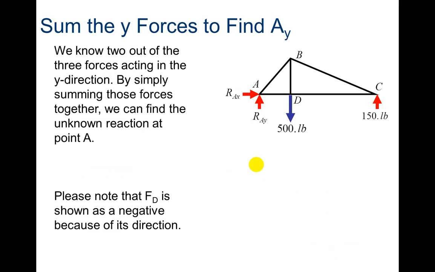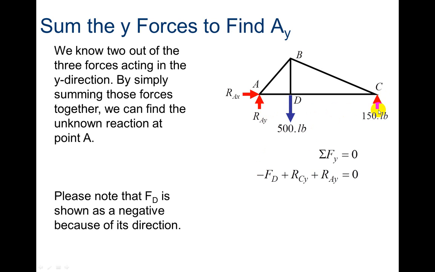Right, so the next thing that we have to look at is our forces. The sum of all my forces in my Y is equal to 0. So I have to look at all of my Y. I have RAY, I have my force at D, and I have this 150 pounds that I just found out, which is the reaction force at C. This one's going down at D, so I have a negative value.